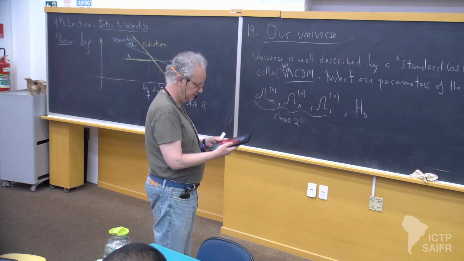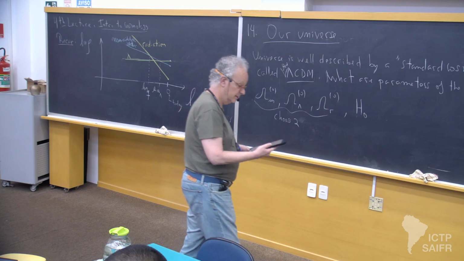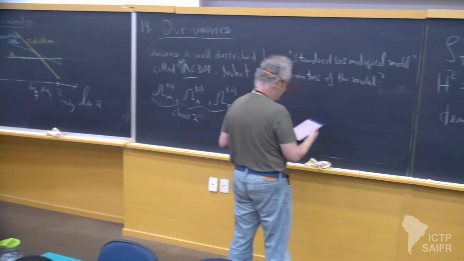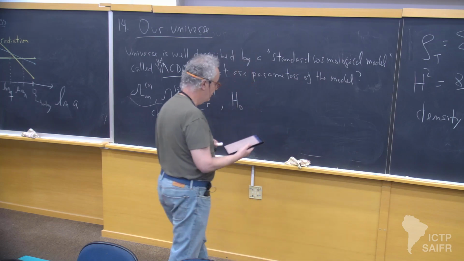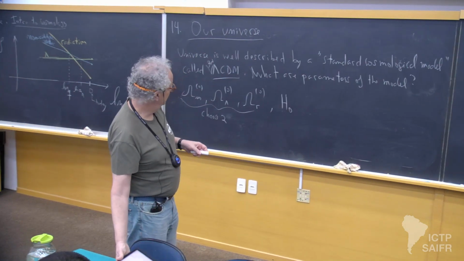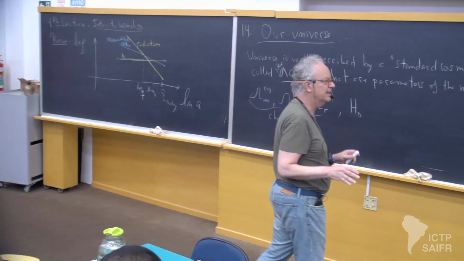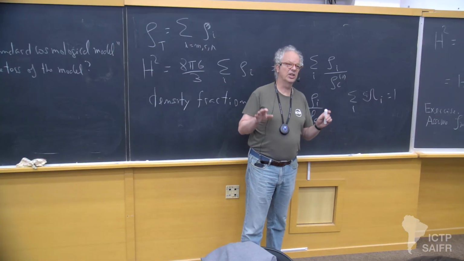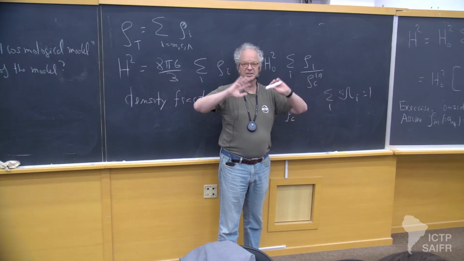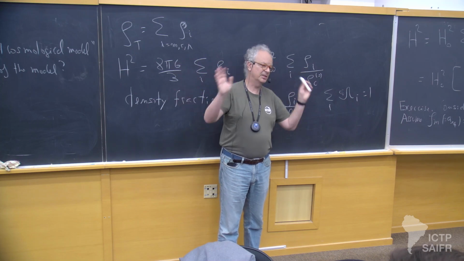So let me just go back and tell you that from the beginning of these lectures, I told you that we're going to talk about the homogeneous universe, the background universe, the unperturbed universe.